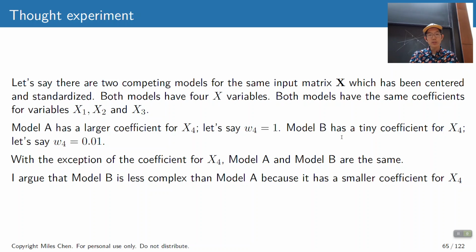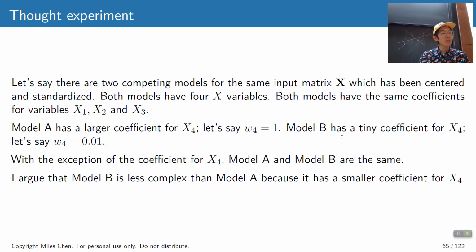Both models have 4 X variables, and both models have the same coefficient for X1, X2, and X3. Okay, and the only difference is that model A has a larger coefficient for X4. Let's say its weight for X4 is 1, and model B has a tiny coefficient for X4. Let's say its weight is 0.01.